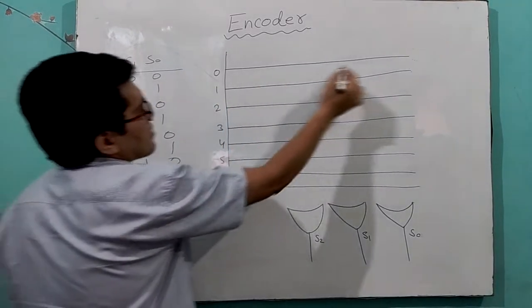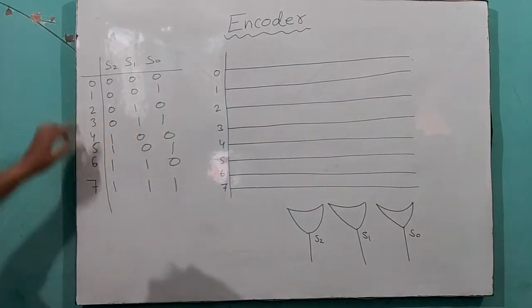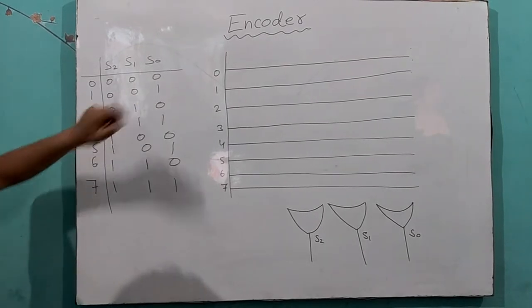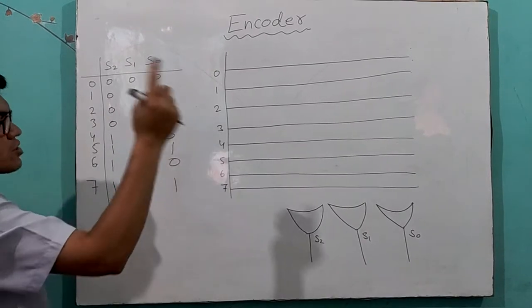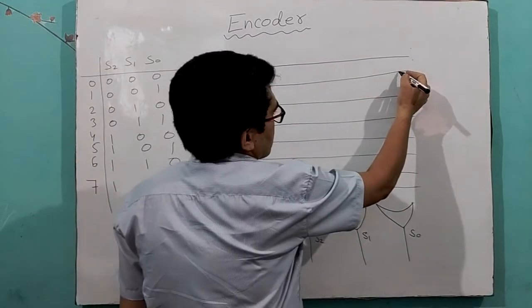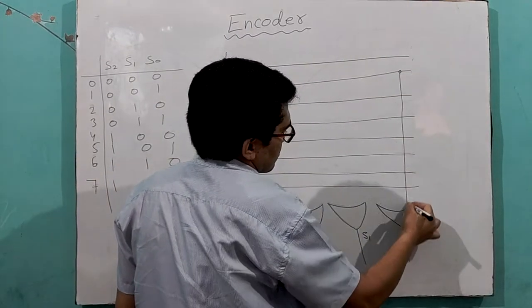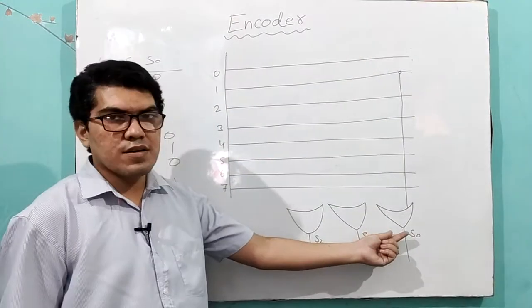So this line has no need to connect with any gate. Now the second input is 1, that is 0 0 1. So the line which is producing 1, we will connect that input line to that gate. Okay, so this gate will produce 1.